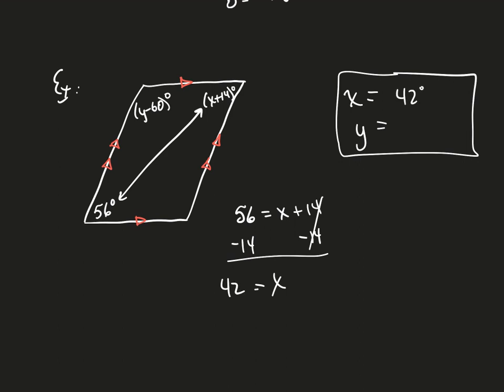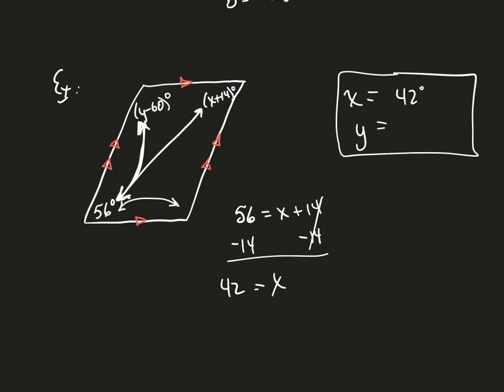Okay? Then how would we get to the value for y? Well, we'd either have to use consecutive angles and theorem 8.5. So we'd have to use consecutive angles, two right next door to each other. We know that those are supplementary. Or we could also go from 56 over to this angle that doesn't have anything in it.